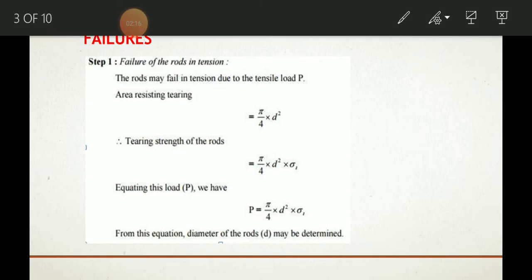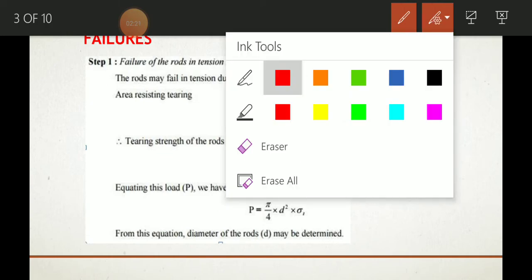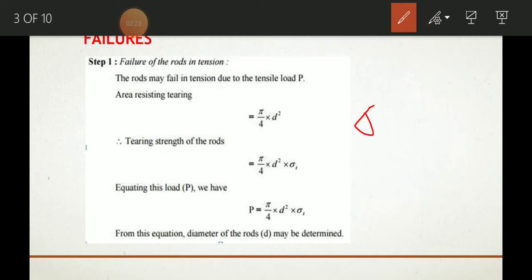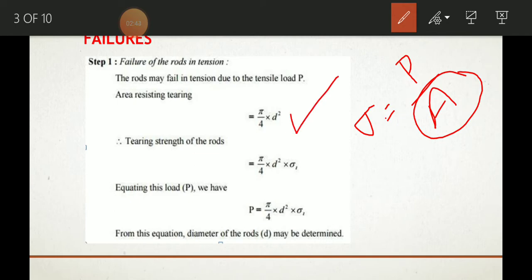Sigma is the stress induced, which equals P by A. We have to calculate the area resisting the tearing. Since the rod is circular, A equals pi by 4 into d square, that is the resisting area for the applied force.